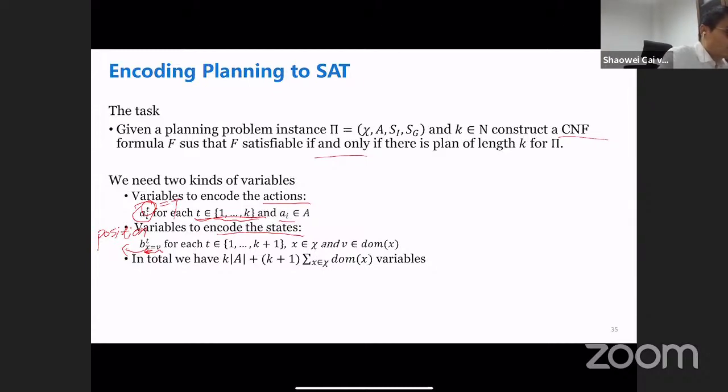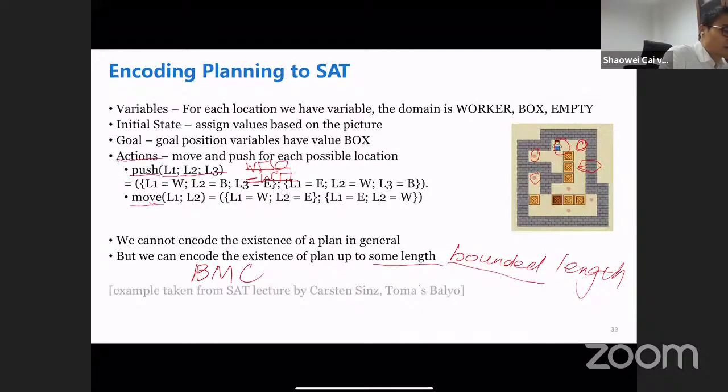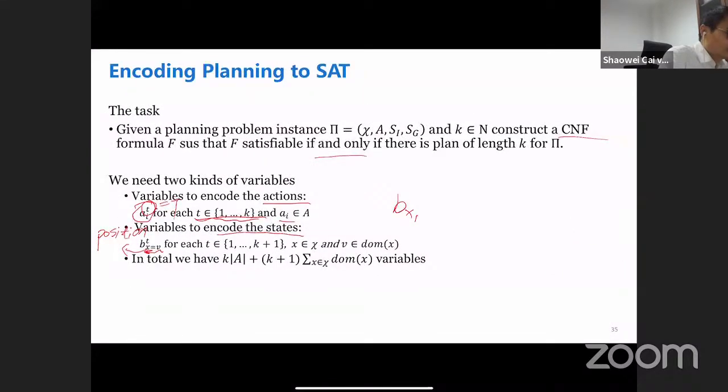For example, in this small example, we consider x1 to be the first cell. Then x1 could be a worker, could be a box, and could be empty.